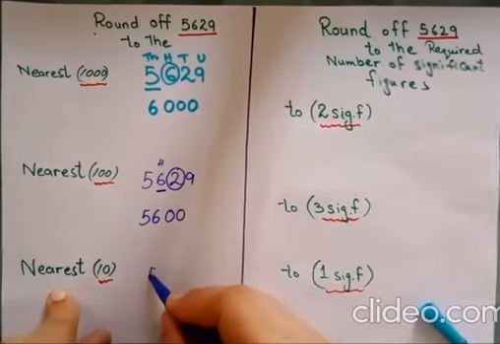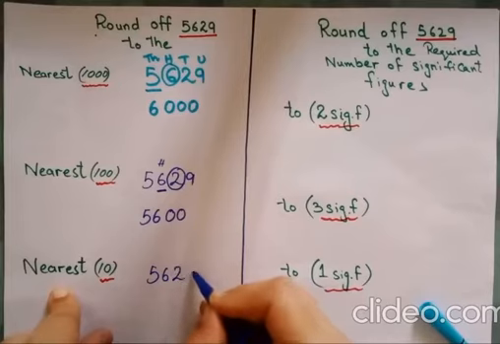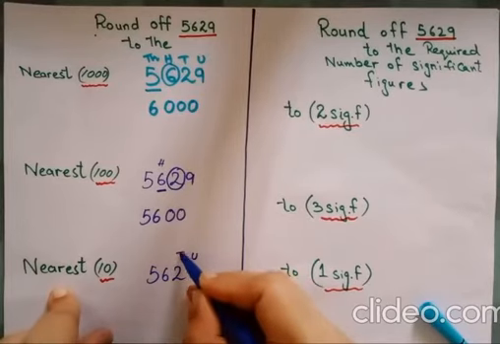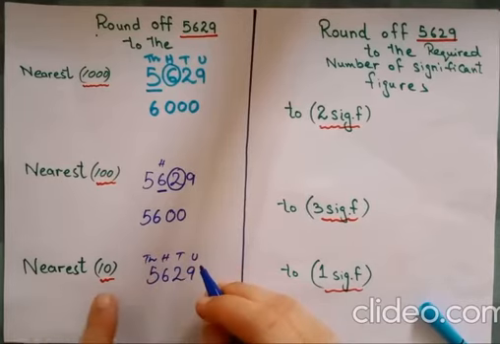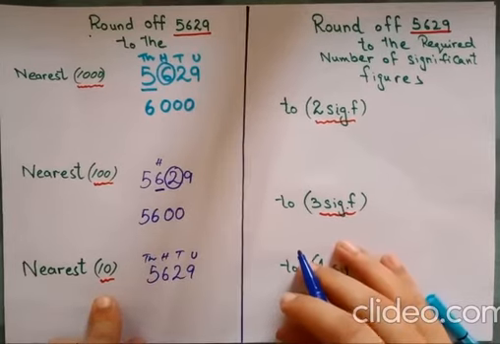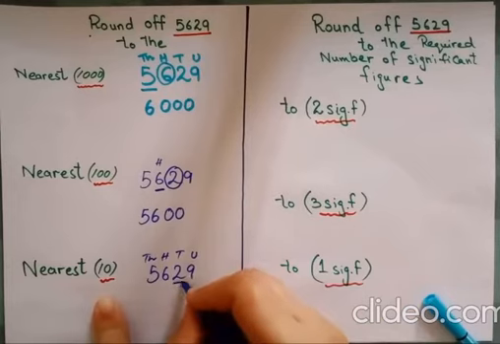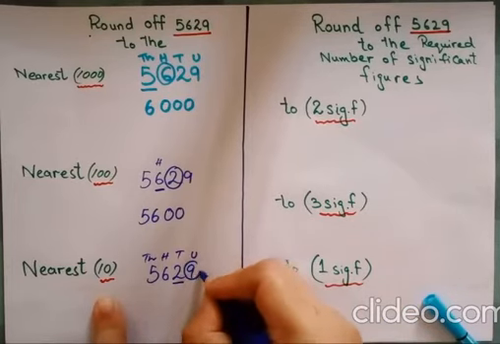Round to the nearest 10, 5629. This is our unit, this tens, hundreds and thousands. Now rounding to the nearest 10, we have to underline this tens digit and circle this unit digit.